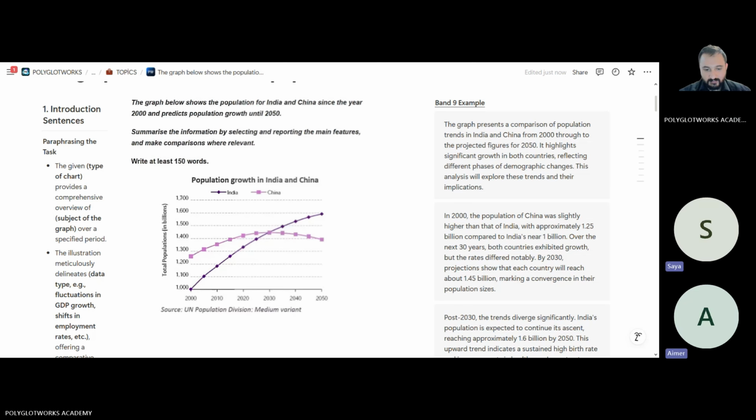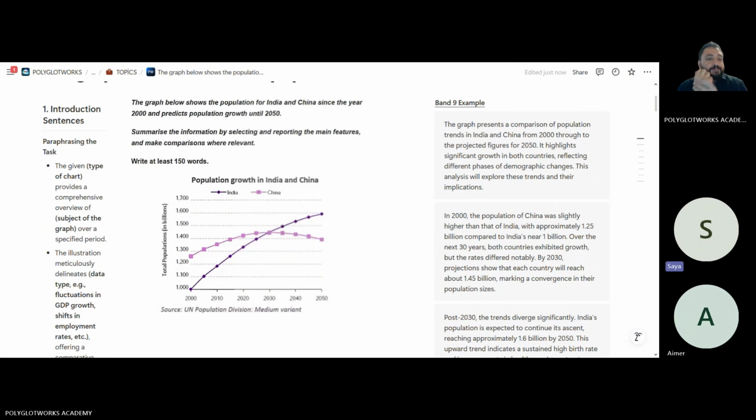You don't know. You should add words like about or approximately. Approximately, about, nearly, or around. Yes, synonyms. If the number is not exact, please use them.